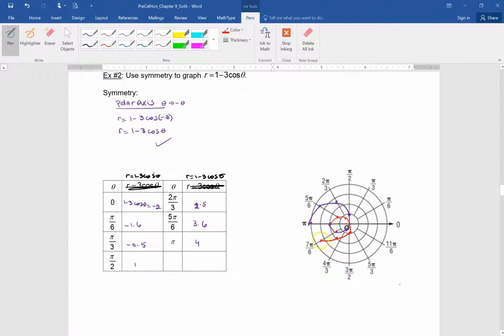Okay, so that's how the entire image looks.